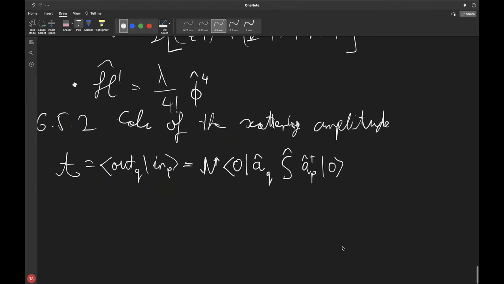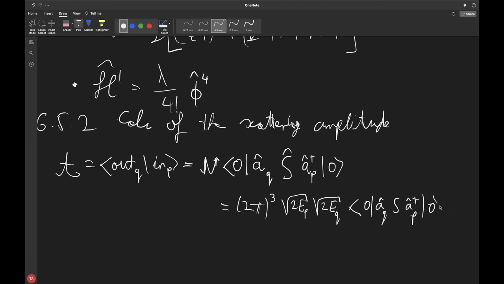Actually this N is going to come from the relativistic formalism, so that we have 2 pi to the third, and we have the square root of 2E corresponding to the p momentum, and the 2E which corresponds to the q momentum, and we have what we just wrote down here, the vacuum, a_q operator, S, a_p operator dagger acting on the vacuum.